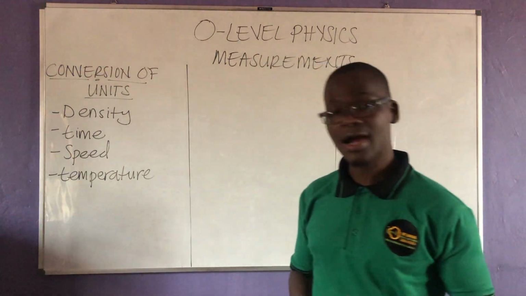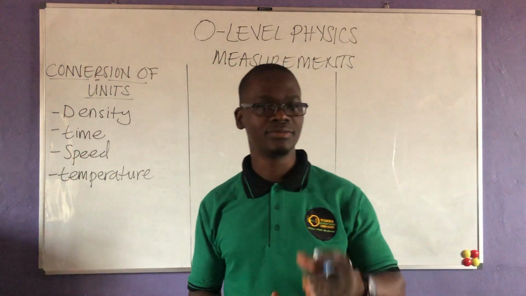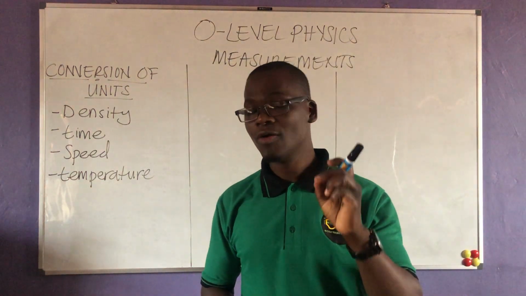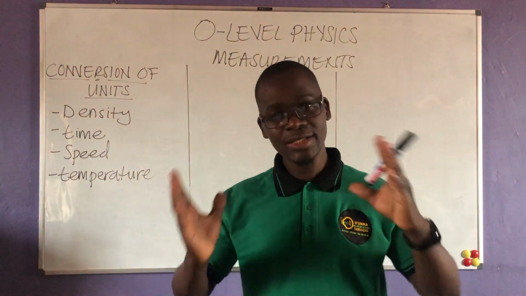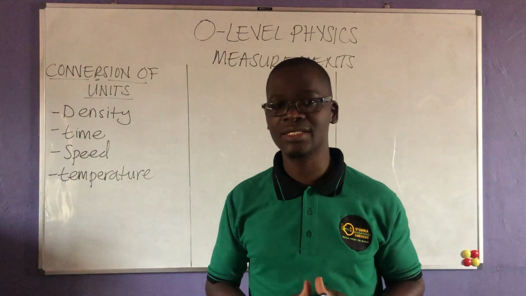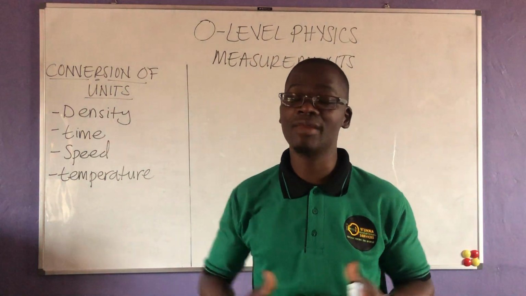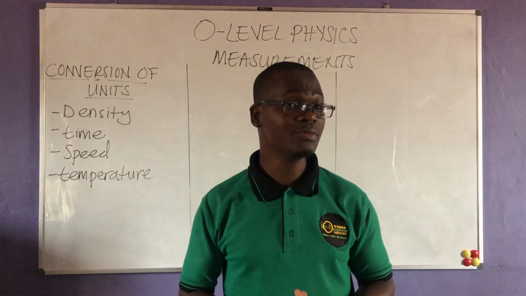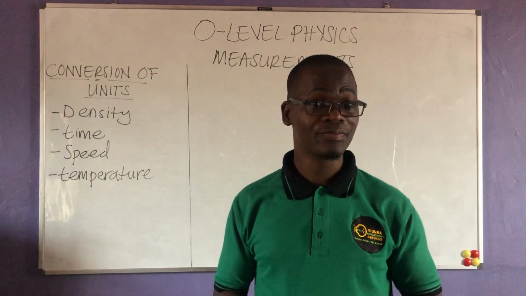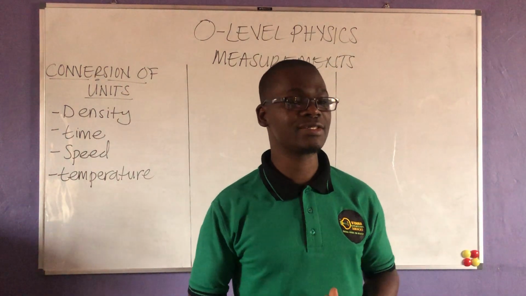But before we look at how we convert units of density, we must know what density is and what those units of density are that we shall be converting. Besides, we should also know how we get the density of various substances.